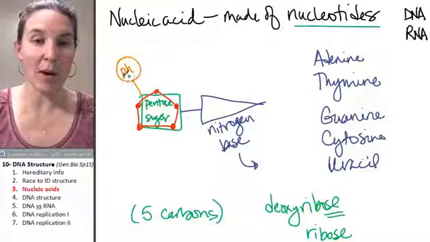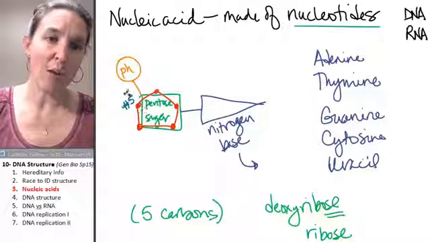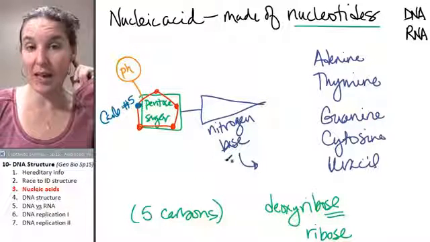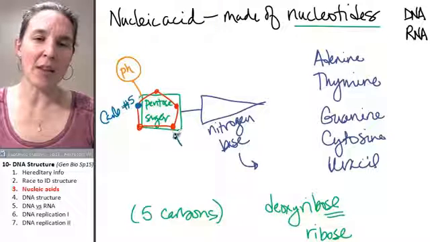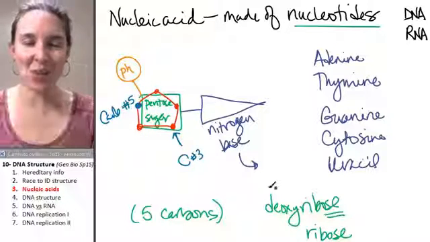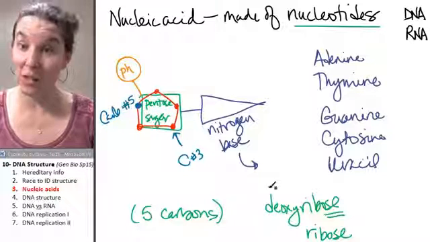You might be wondering, why do we care about that? Carbon 5 is the carbon that the phosphate is attached to. And then another important carbon is carbon number 3. That's important when we look at the overall structure of the DNA molecule.